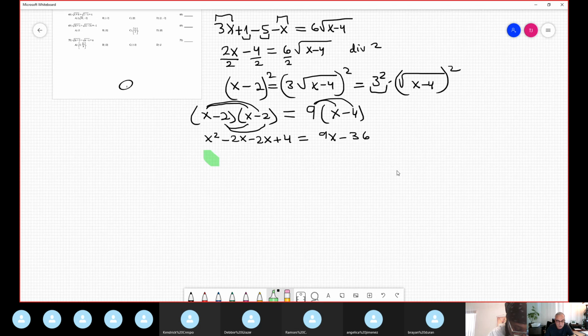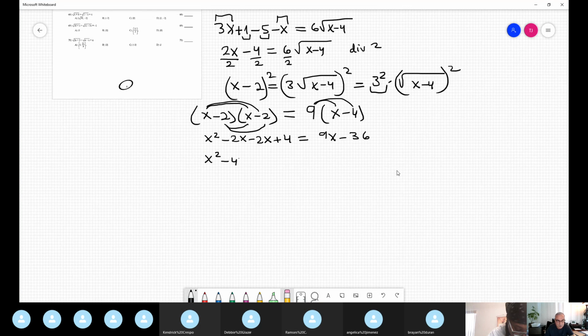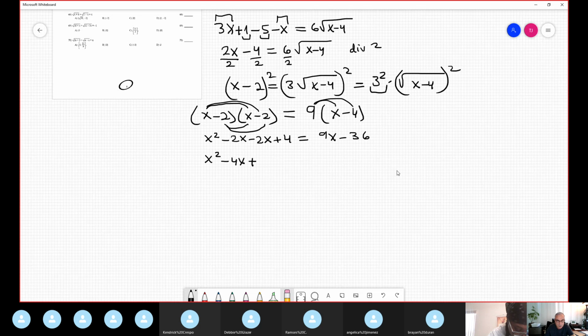So it's x squared minus 4x plus 4 minus 9x plus 36 equal to 0. Putting it in standard form, the right hand side must be 0. And one more time we combine like terms: minus 13x plus 40, because 4 and 36 together is 40, and negative 4 and negative 9 is negative 13.